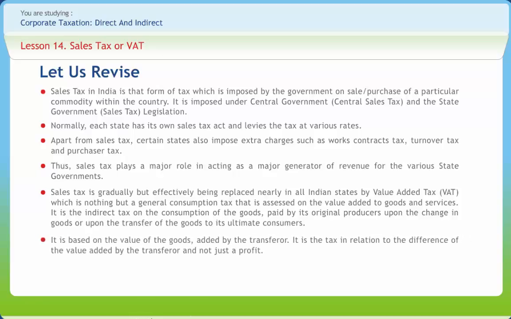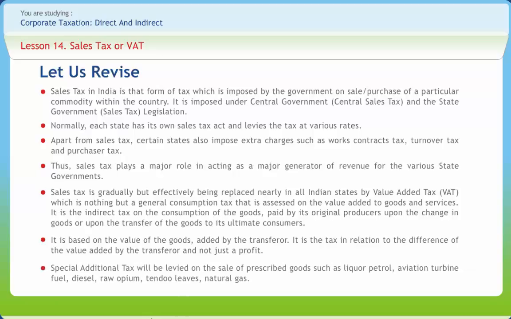It is based on the value of the goods added by the transferor. It is the tax in relation to the difference of the value added by the transferor and not just a profit. Special additional tax will be levied on the sale of prescribed goods such as liquor, petrol, aviation turbine fuel, diesel, raw opium, tendu leaves, natural gas, etc.